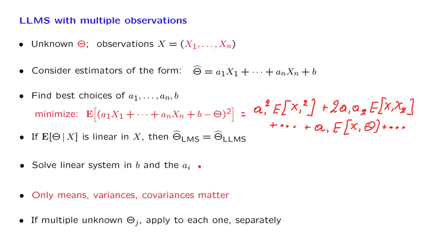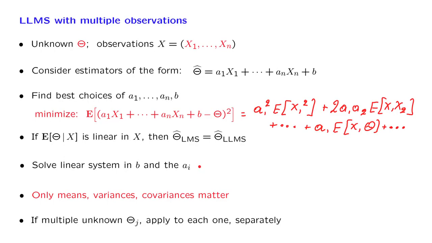What's the important thing to notice? That this expression as a function of the coefficients involves terms either of this kind or of this kind or of that kind, first order or second order terms. To minimize this expression, we're going to take the derivative of this and set it equal to 0.